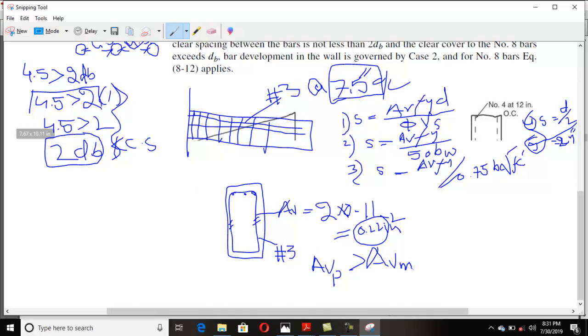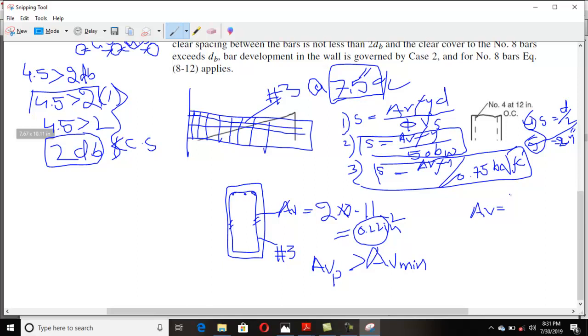Av minimum is given by the ACI code. From this formula you can get it, or you have to check it from this formula also. From this formula you will get Av equal to 50 times bw times s divided by fy, as spacing is given to us.